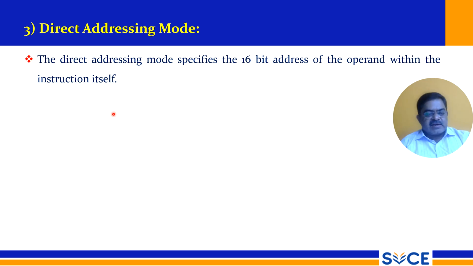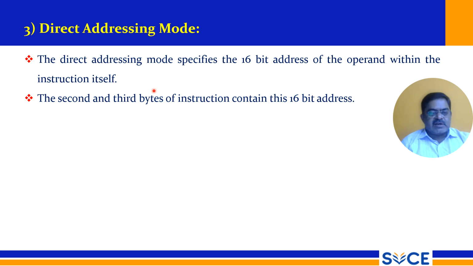Direct addressing mode. The direct addressing mode specifies the 16-bit address of the operand within the instruction itself. The second and third bytes of the instruction contain this 16-bit address.